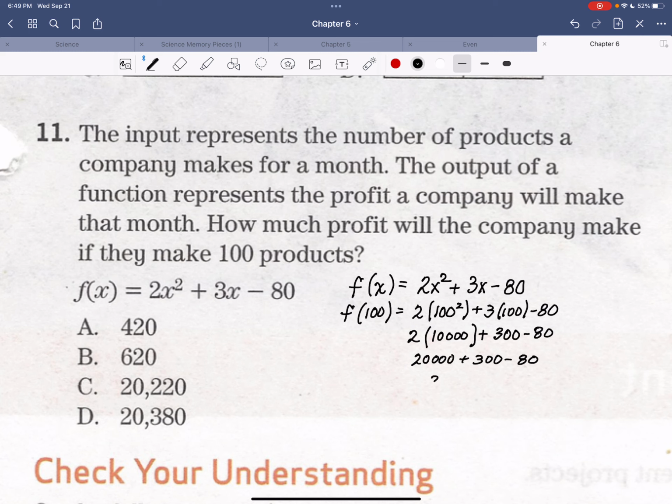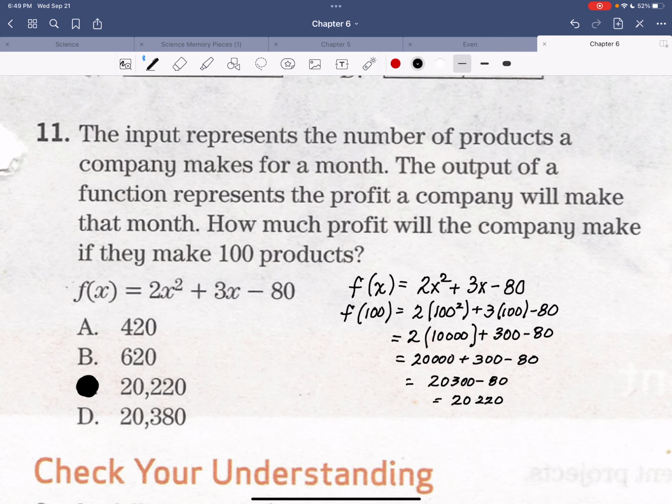So this is 20,300. Subtract 80 is 20,220. So I like answer C for this one. As long as you know that input is X, you put in 100 and you've got your answer. And I really should be carrying that all the way down.